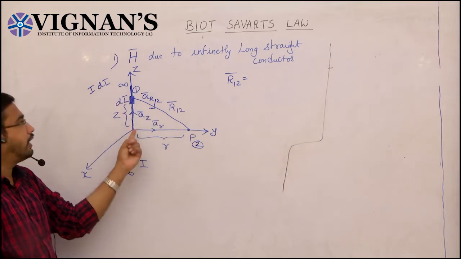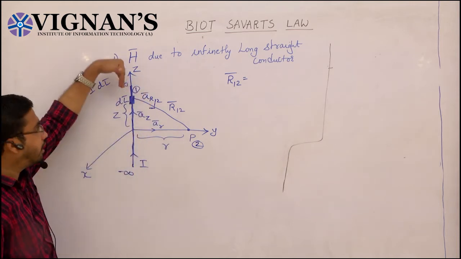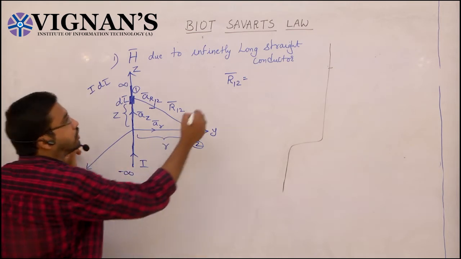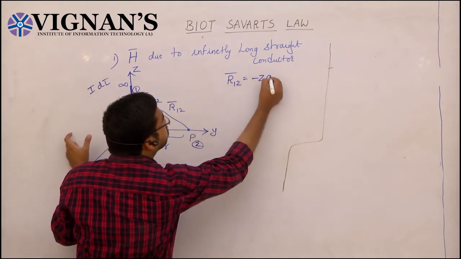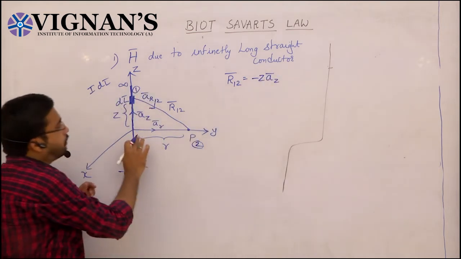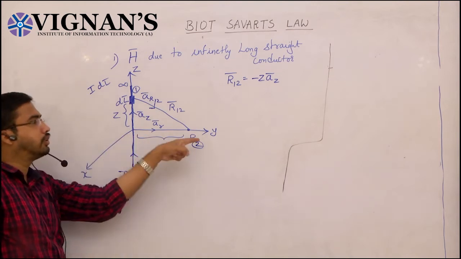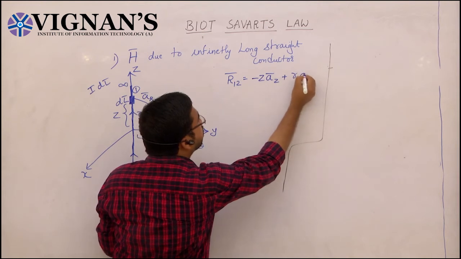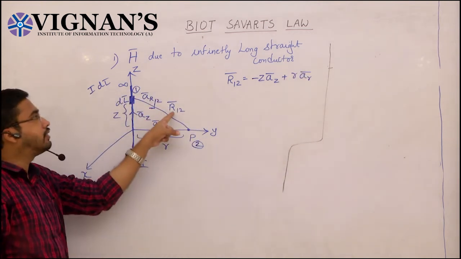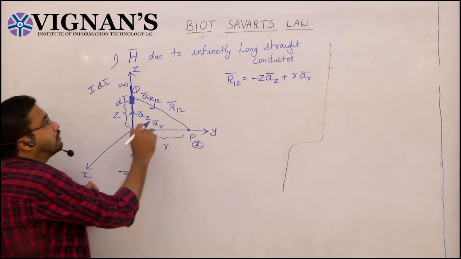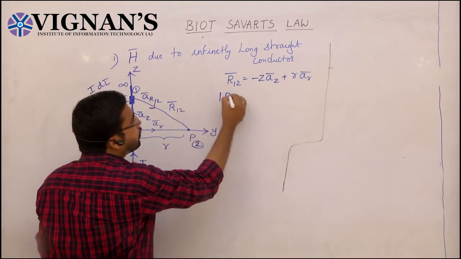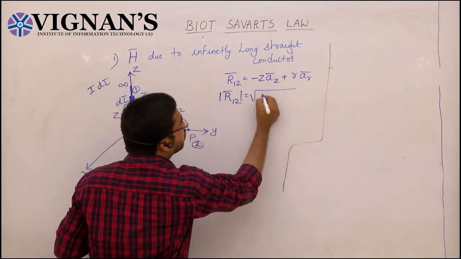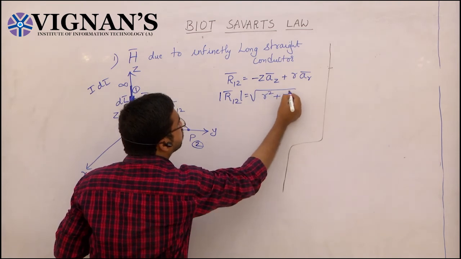As your unit vector direction is upwards but your direction is going downwards, we should take minus z into az bar, plus here the direction is matching towards your point P, that is r into ar bar. This is the distance vector R12. Now find the magnitude of this. Mod R12 is equal to root over r square plus z square.